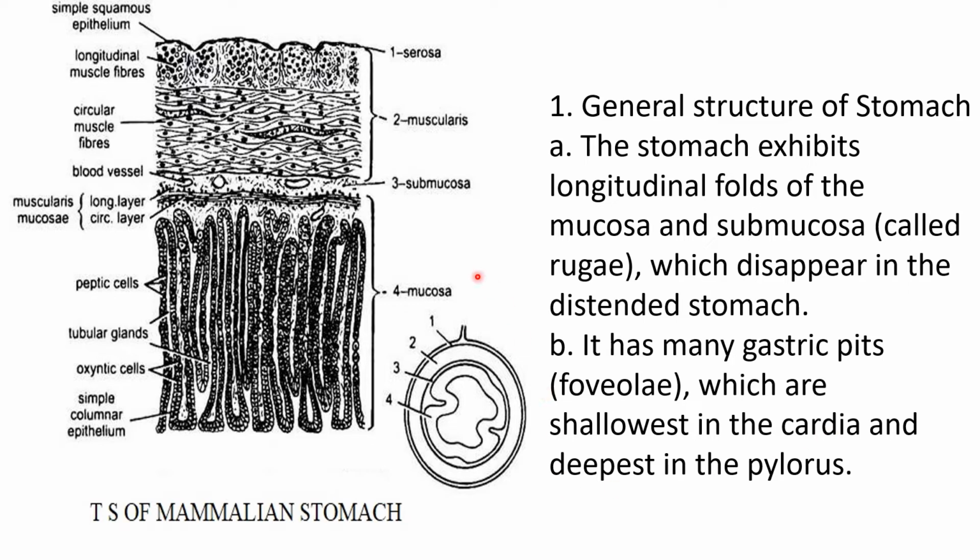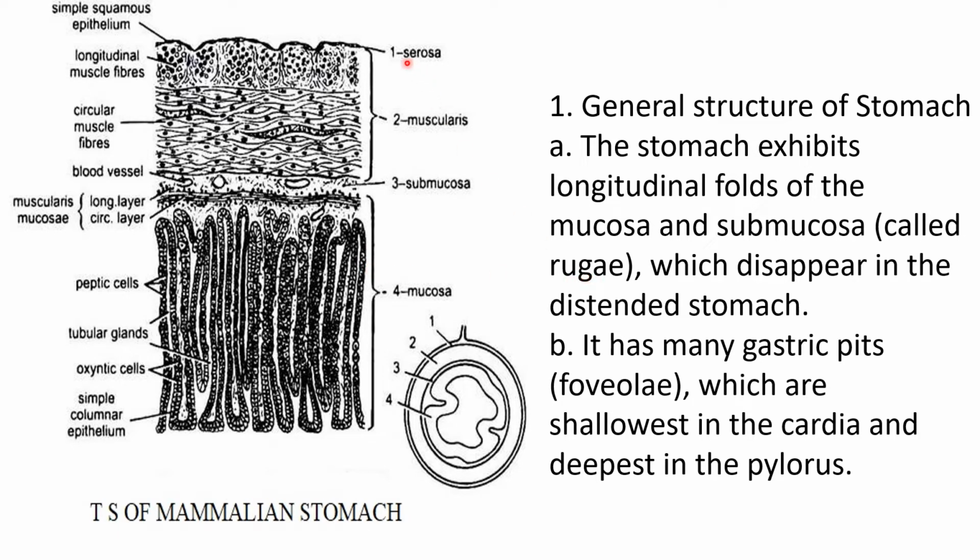Anatomically, if you take the TS of the stomach, it has 4 different parts that could be histologically differentiated based on their staining properties and functional properties.